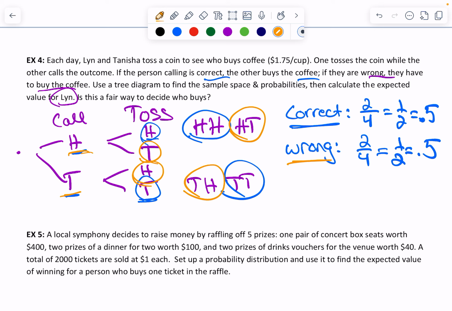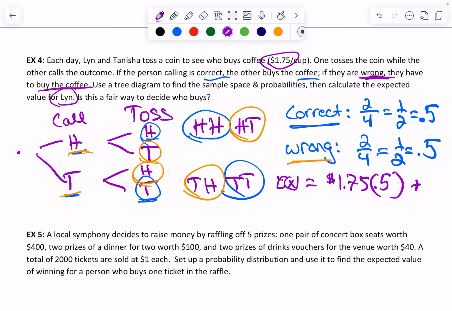So now let's look at the expected value here. E of x, again, if they are wrong, they have to buy the coffee and it's $1.75 times the probability, which is a half.